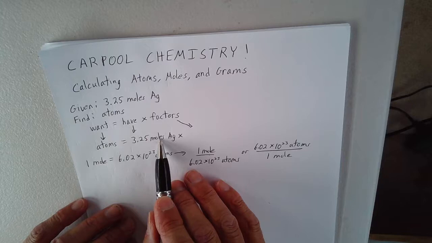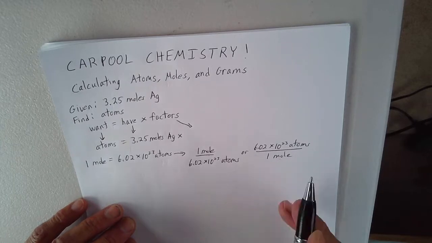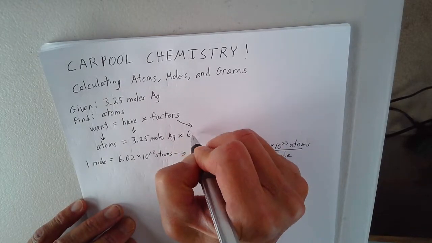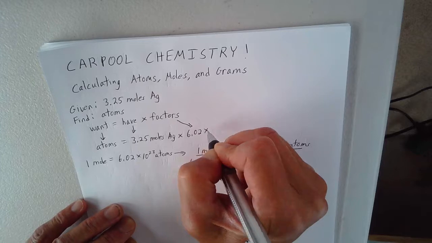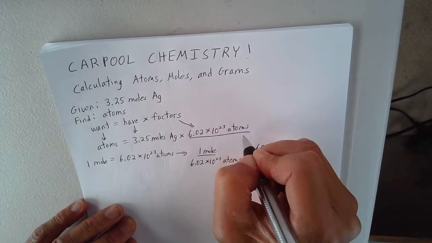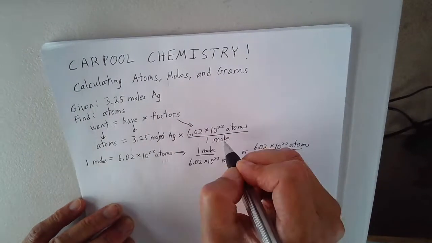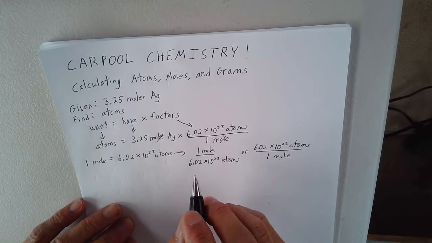Well, we want to get rid of the unit of moles, so we want our factor to have moles in the denominator, which is this one right over here. So we multiply by 6.02 times 10 to the 23rd atoms for every 1 mole. Our moles cancel out, leaving us with atoms.